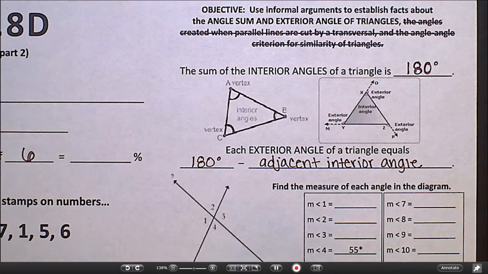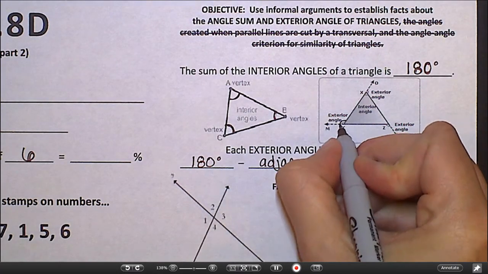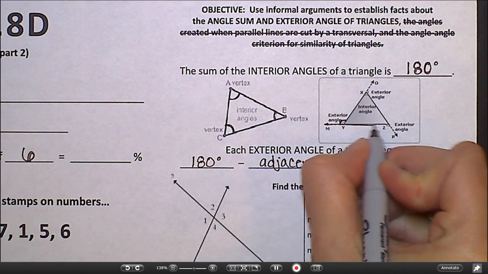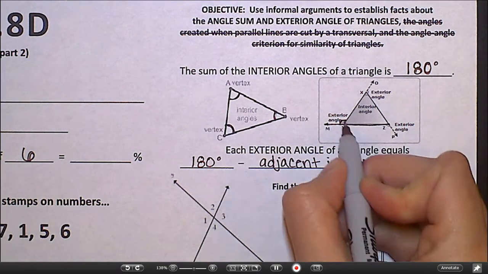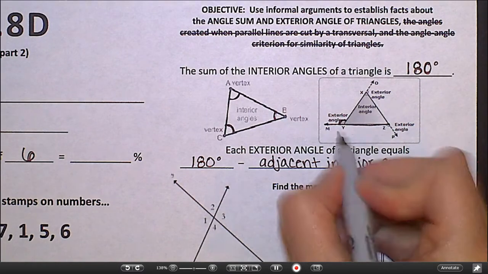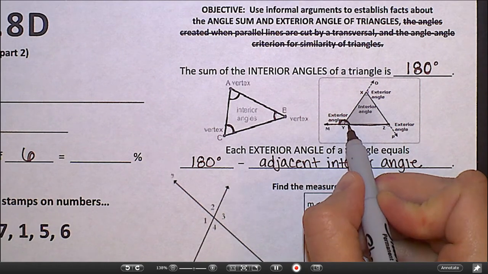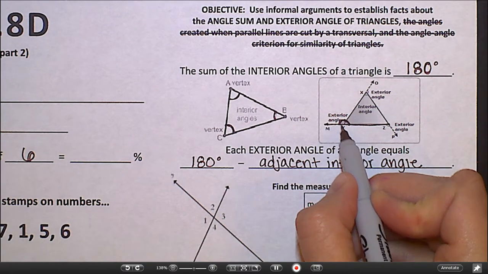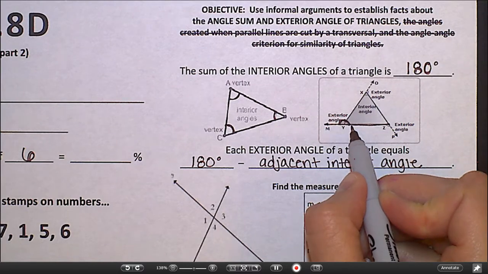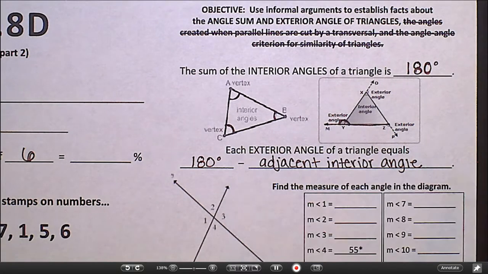So what this is saying is, here we have an exterior angle, and that makes a straight line here. Well, if we want to figure out the exterior angle, we can just subtract this interior angle. So if the interior angle here is 60 degrees, then we would know 180 minus 60 is 120 degrees for the outside.